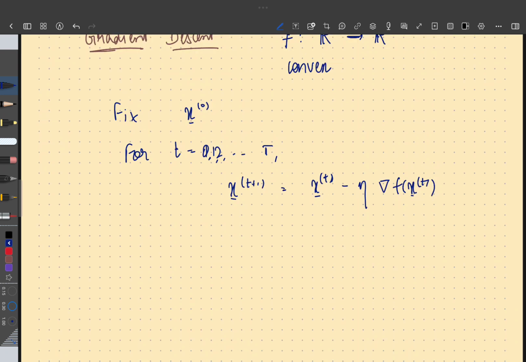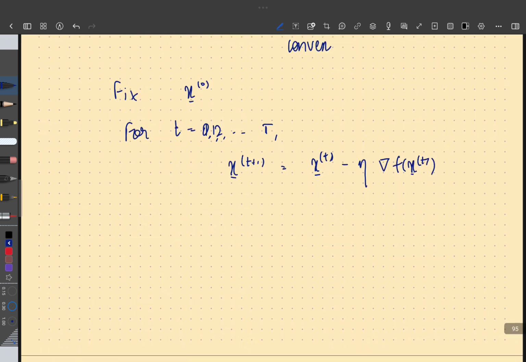Right. So it's at most some distance b from the start, from the minimum point.